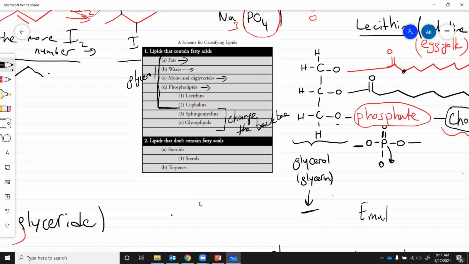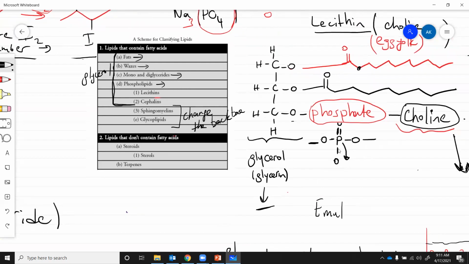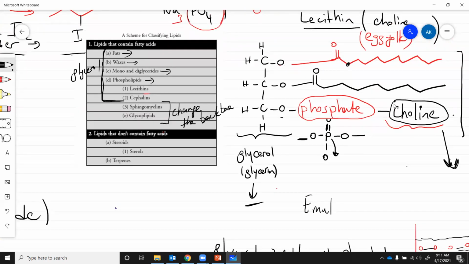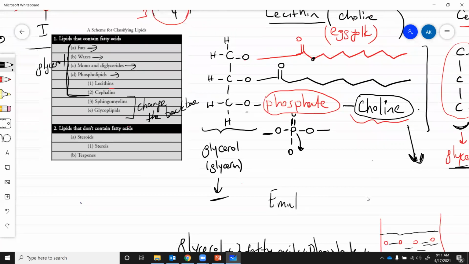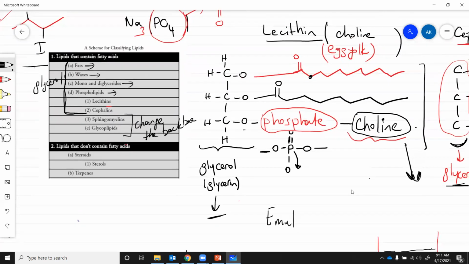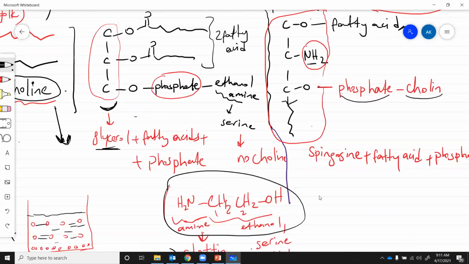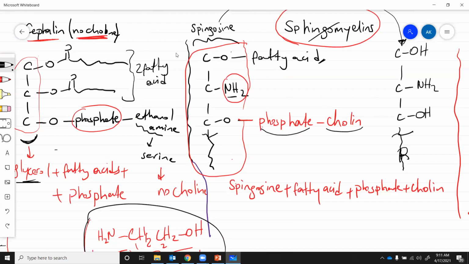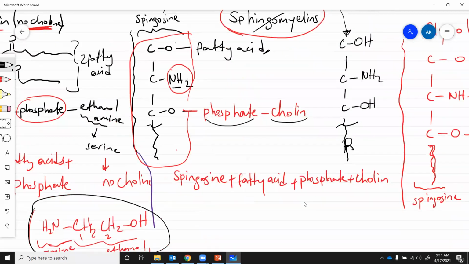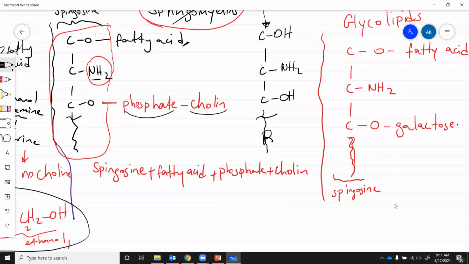In the phospholipids, if you change one of the fatty acids to phosphate and choline, you get lecithin. If you don't have any choline in the last part, you have cephalin. And finally, if you change the backbone to sphingosine, you can have either a sphingomyelin or a glycolipid.